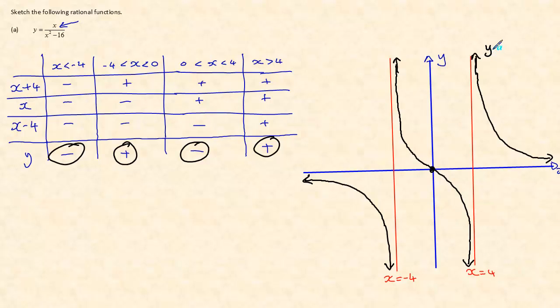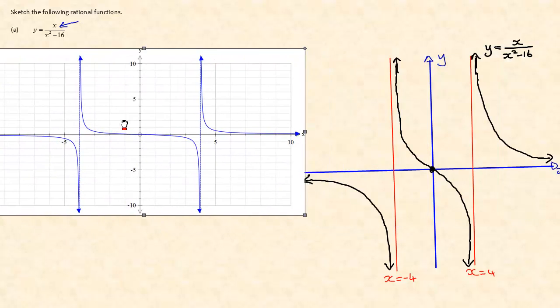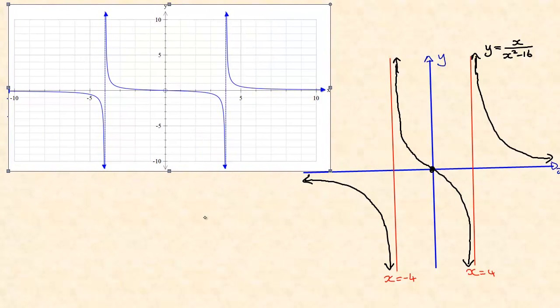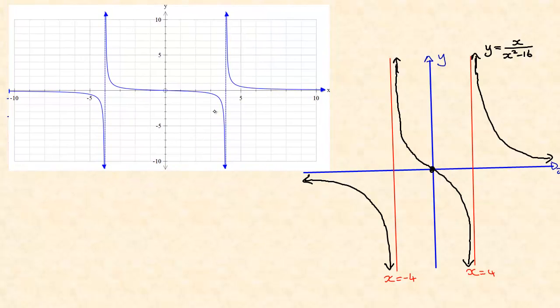Now we should always label anything that we've drawn, so y equals x over x squared minus 16. And I have an accurate plot of the graph here. And we can see that it exhibits all the features that I have in my sketch.